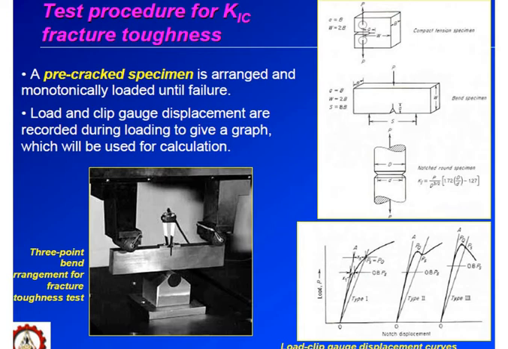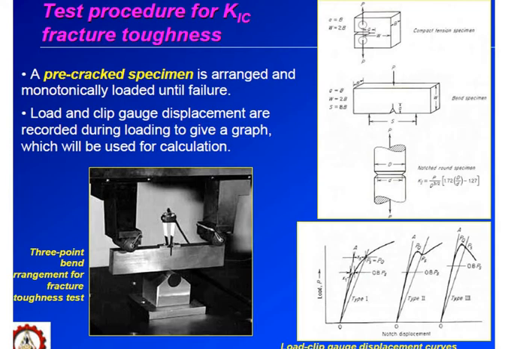So first, in the compact tension specimen we can see that you are having a single notch, and you can see B, the thickness, and the width are indicated, and P is showing the tensile condition. And A equal to B, W equal to 2B.